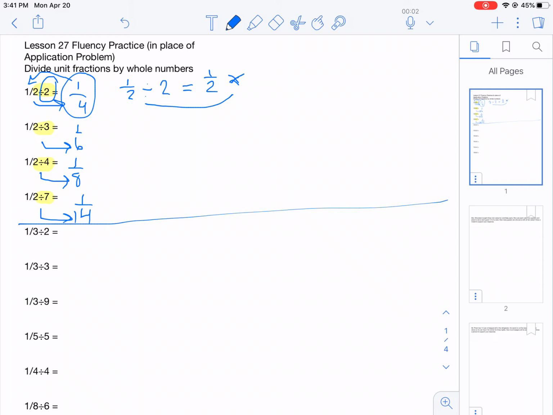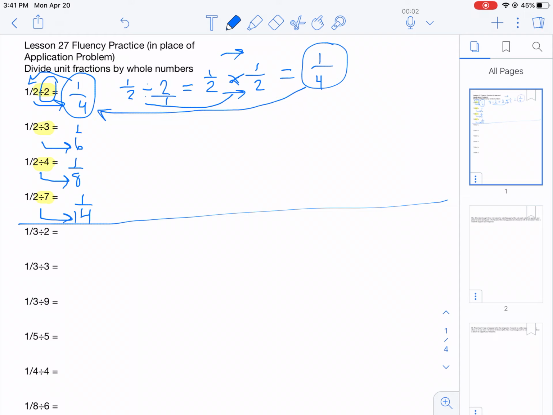So 2 is the same thing as 2/1, and the reciprocal just means that the numerator and the denominator switch. The reciprocal would be 1/2. And when we multiply straight across on the top and the bottom, 1 times 1 is 1, and 2 times 2 is 4.